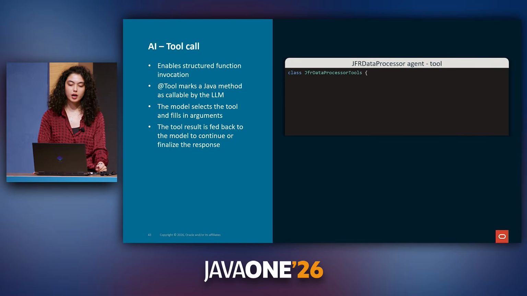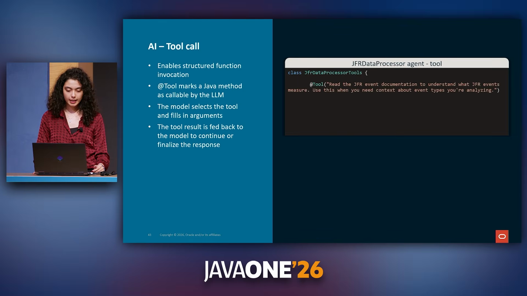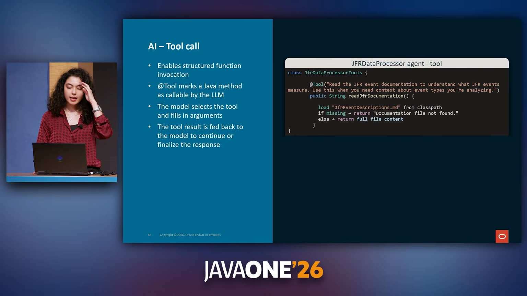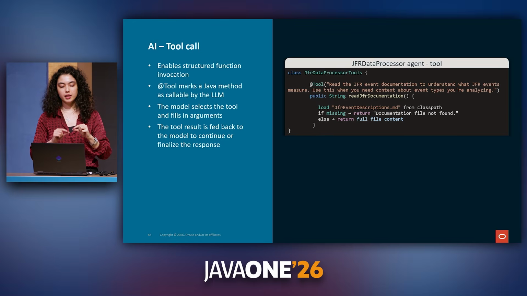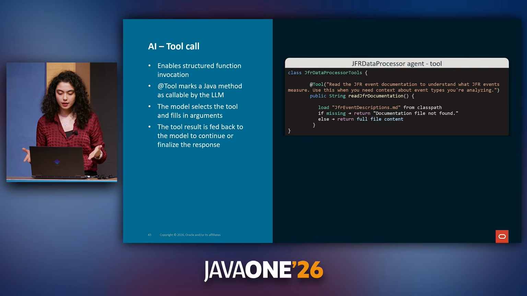So here, for our JFR data processor agent, we create a class that contains our tools, JFR data processor tools. The first tool is read JFR documentation. With the tool annotation, we mention what kind of tool this is and when to use it. Within the method, there's nothing fancy. We just load the documents and return their content to the agent.